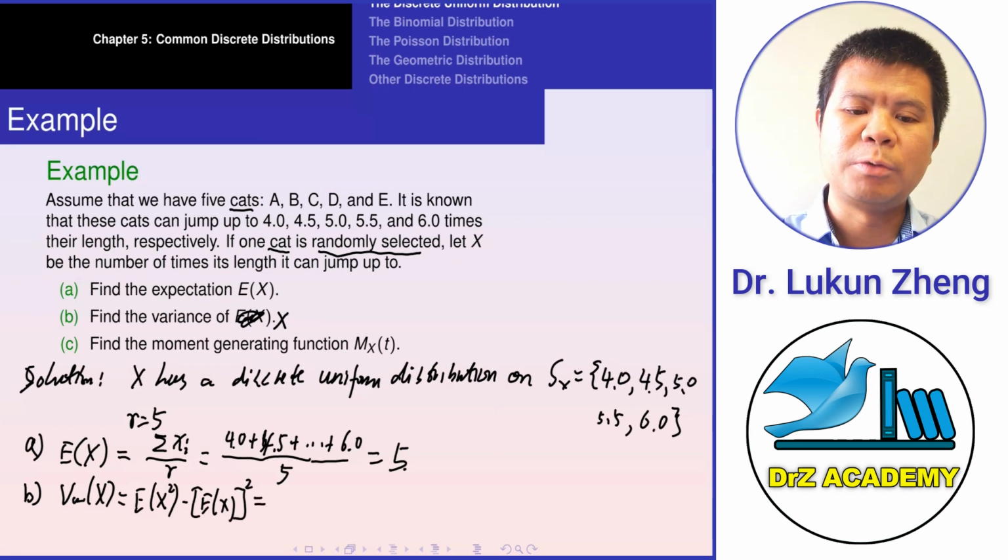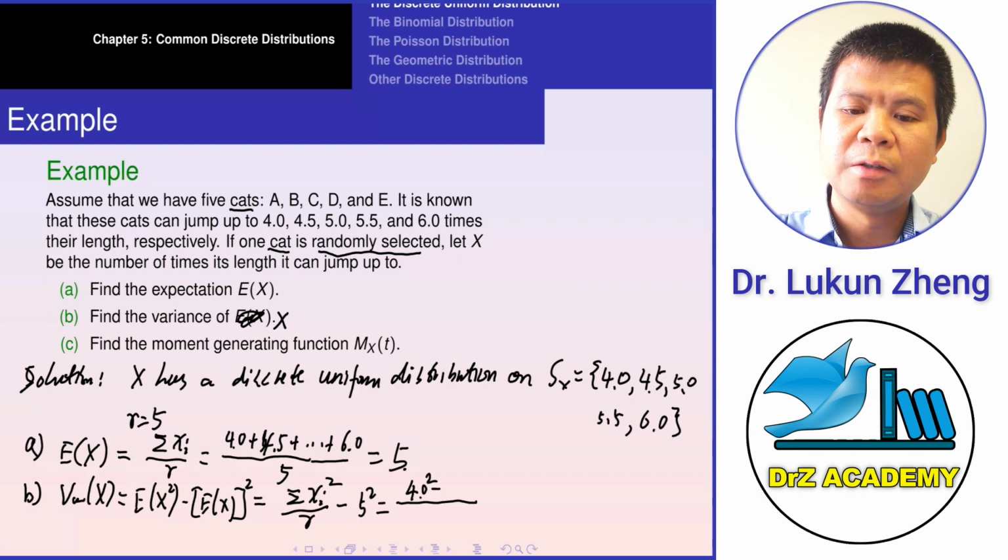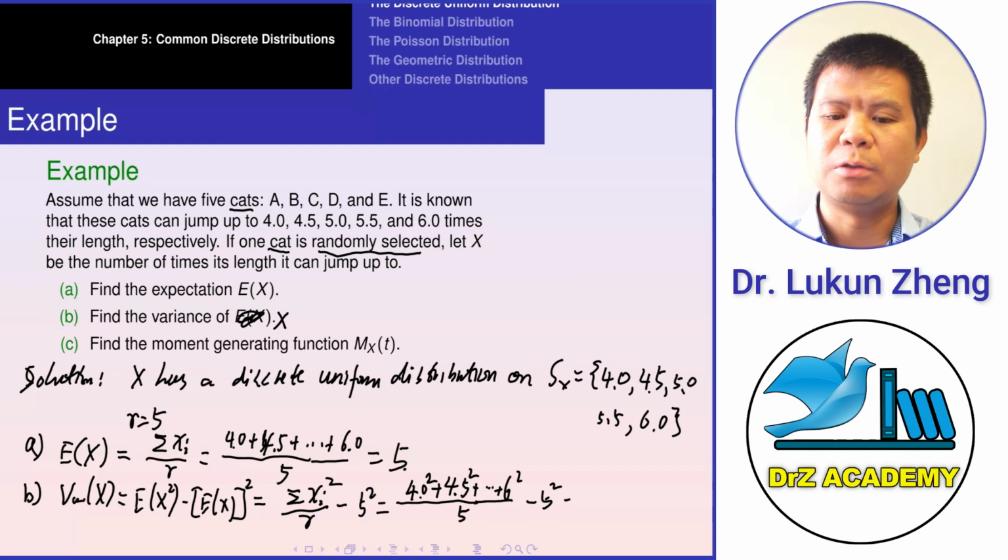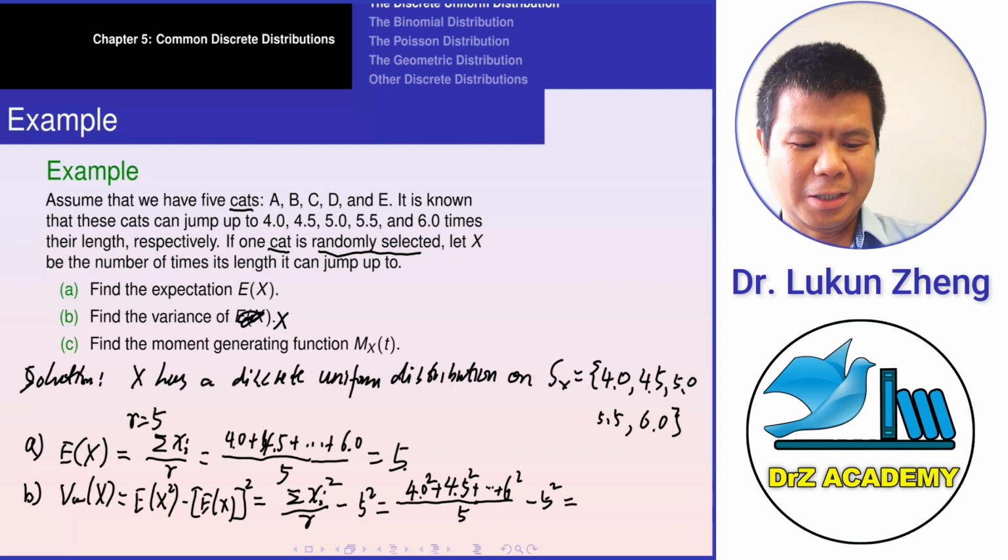From the theorem, this is the summation of xi squared over r minus 5 squared. Just to plug in, we have 4.0 squared plus 4.5 squared plus up to 6 squared, over 5, minus 5 squared. So let's just use a calculator again.